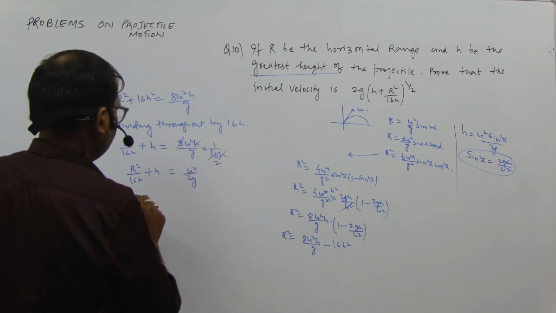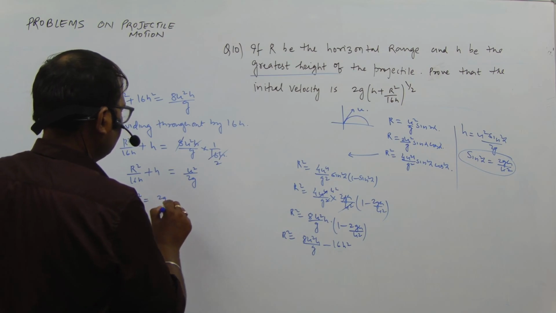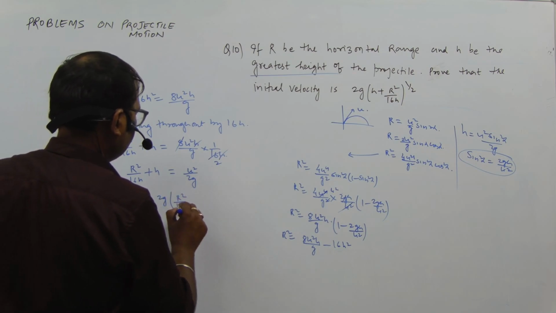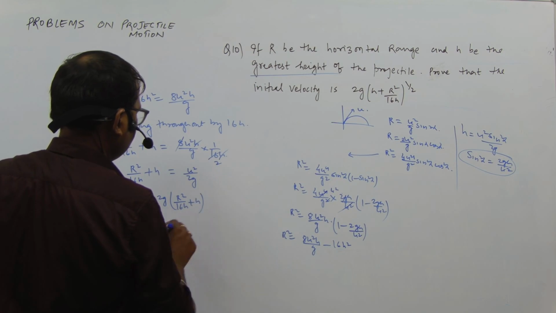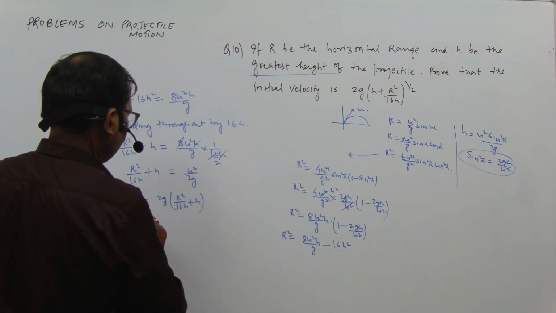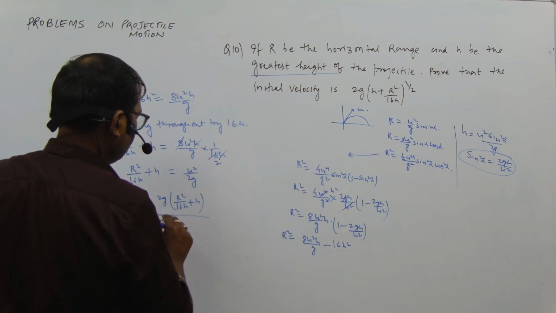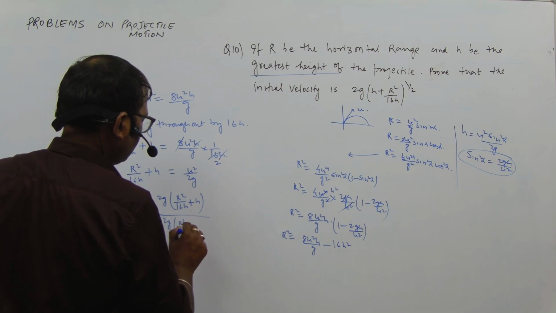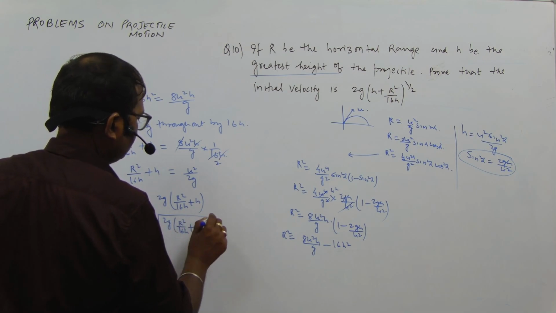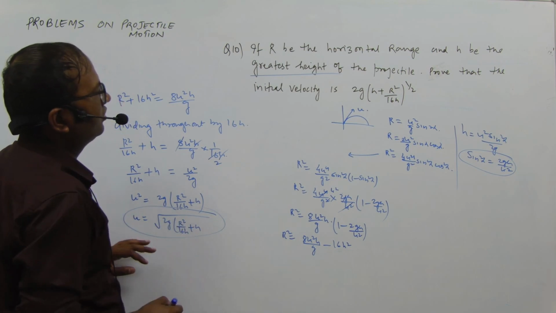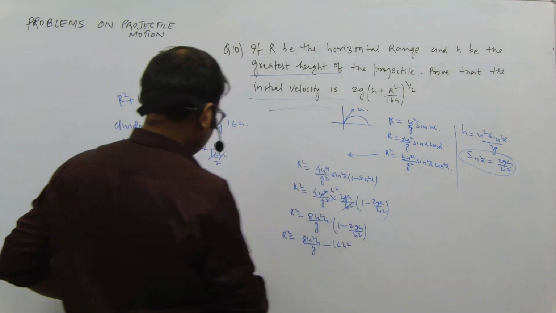So u square is equal to 2g into R square upon 16h plus h. So u is equal to the square root of 2g into R square upon 16h plus h. This is the initial velocity given by this expression.